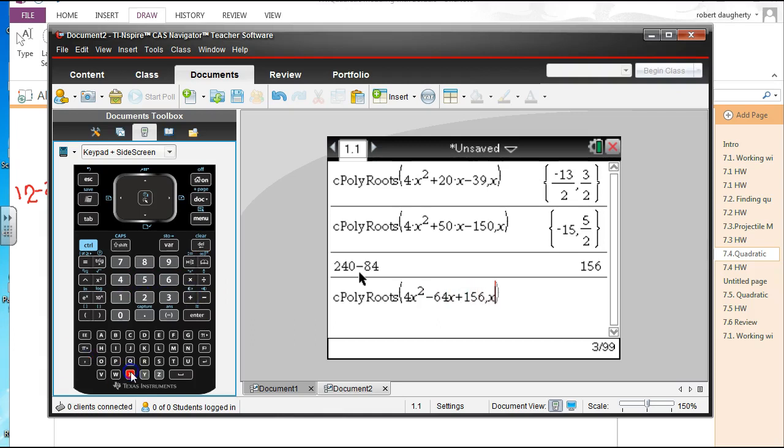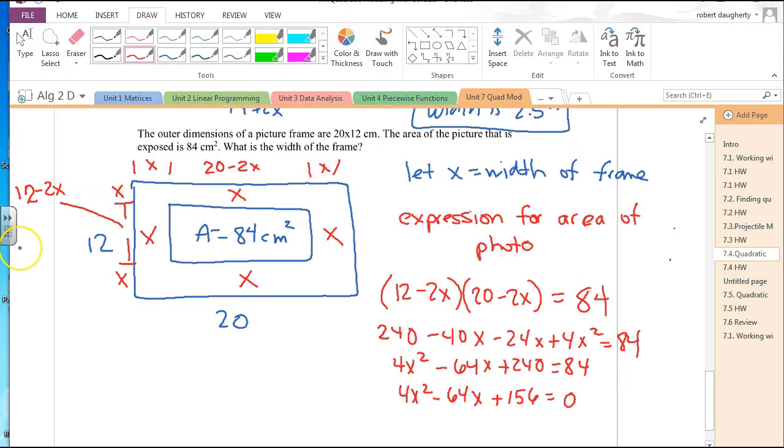Solve that for x. 3 and 13. Okay, so my answers are 3 and 13. Let me go back. So here I get x equals 3 and 13. Now, which of those makes sense and which one does not make sense?